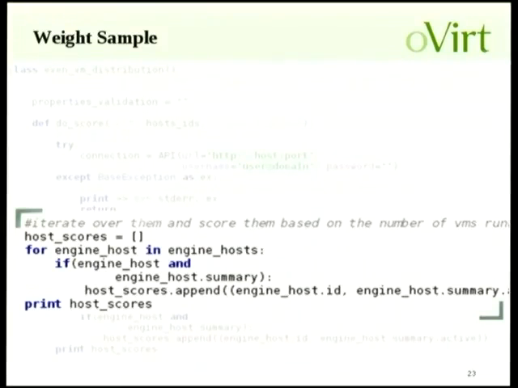Here it's a little bit cut, but the weight of the host is the number of active VMs on that host. So it will be ordered by the number of running VMs within that host.